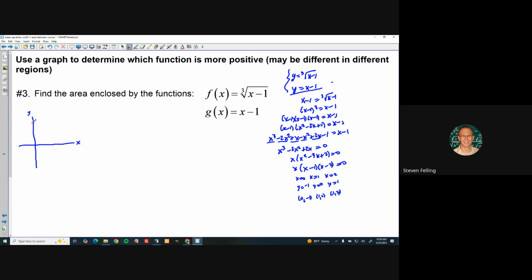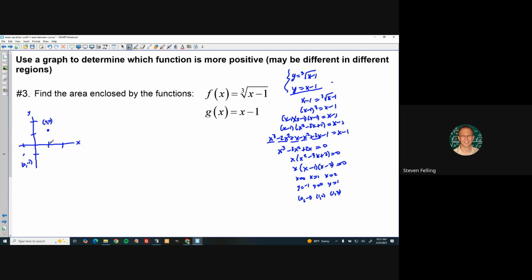So it looks like everything's maybe only up to 2. Okay, (0, negative 1) is here. (1, 0) is here.